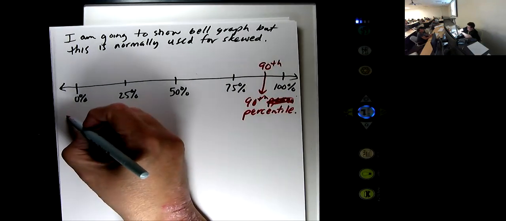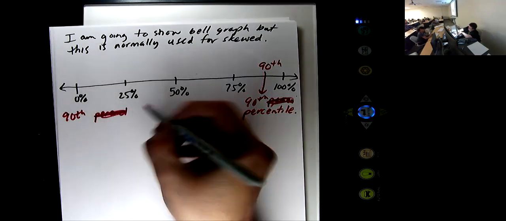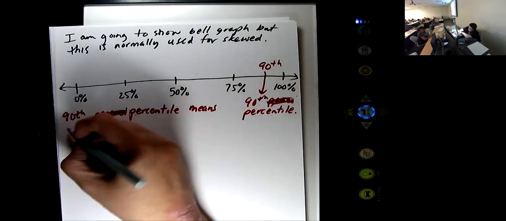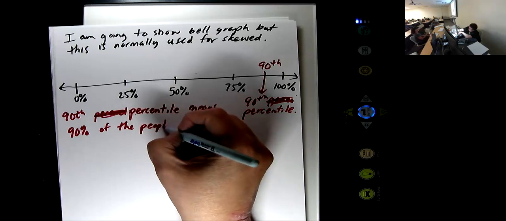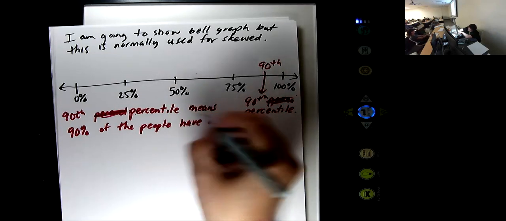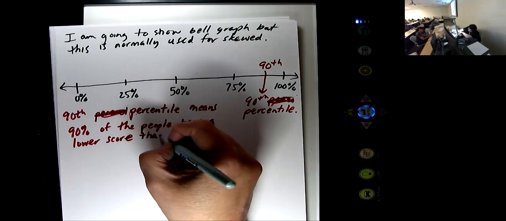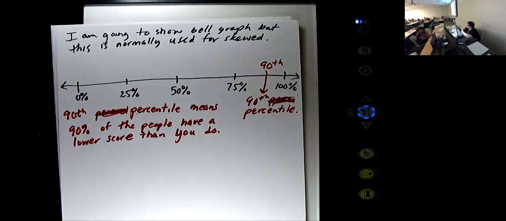The 90th percentile means 90% of the people have a lower score than you do. So the number tells you how many people have a lower score.